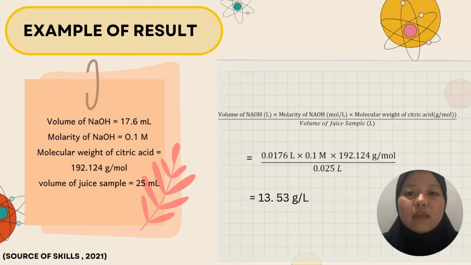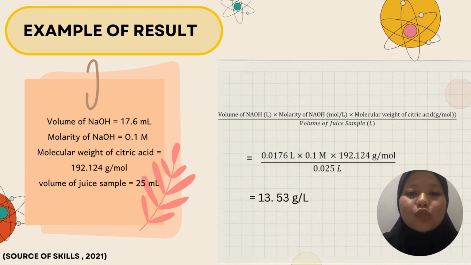Once we have determined the mean volume of sodium hydroxide, we need to input everything into the equation itself. The mean amount of sodium hydroxide we used was 17.6 ml, which needs to be converted to liters, which is 0.0176 liter. Following that, the sodium hydroxide molarity was 0.1 molar and the citric acid molecular weight is 192.124 gram per mole.